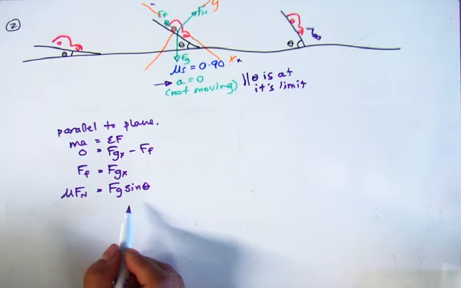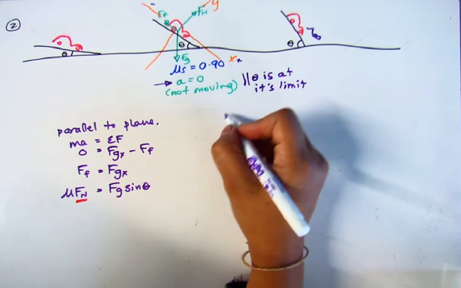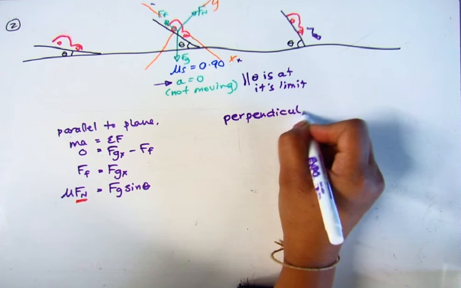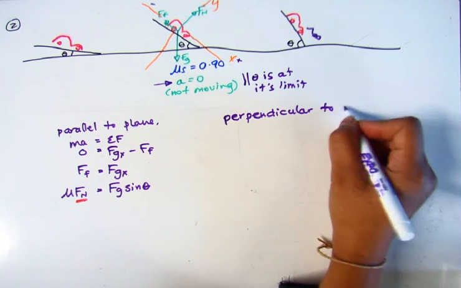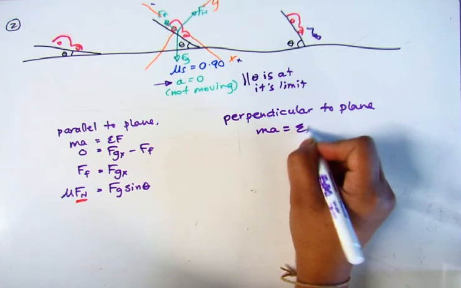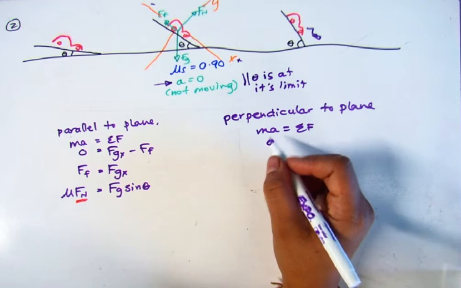From this information, we're at the point again where we need to go to the vertical to look at what the normal force is. So let's look at the perpendicular to the plane. Again, ma equals the sum of the forces, and in this example, a is again 0. It's not floating off the plane.